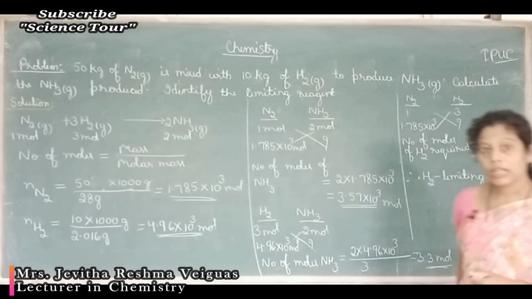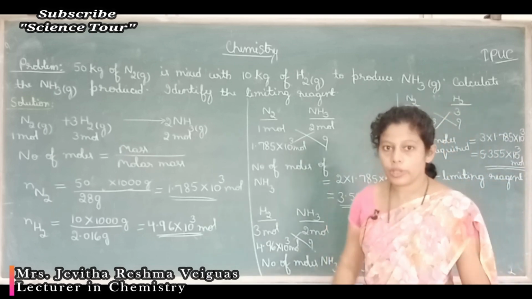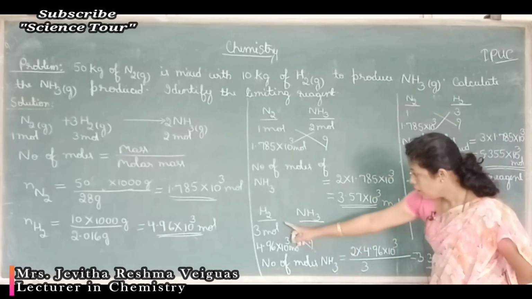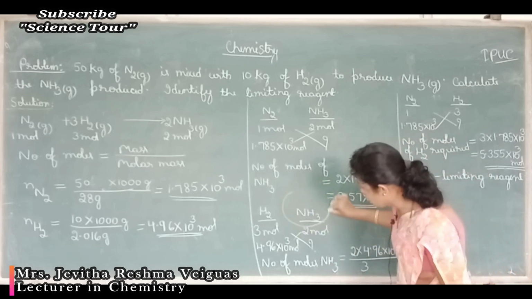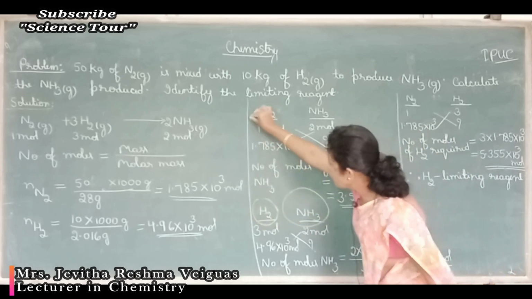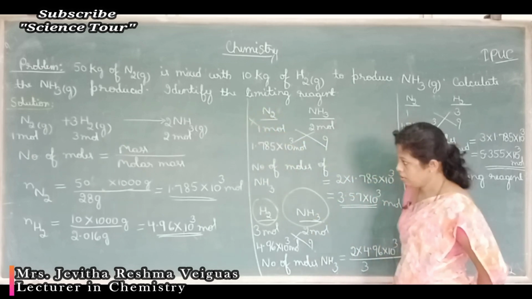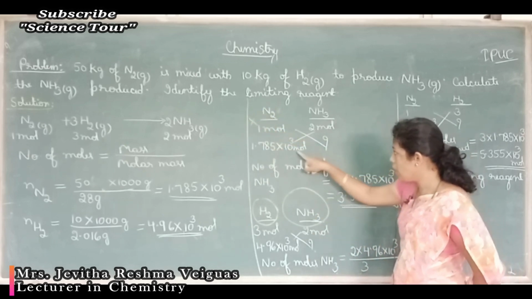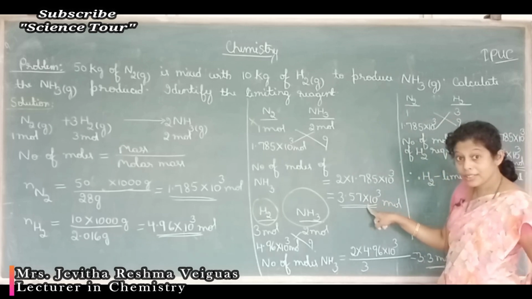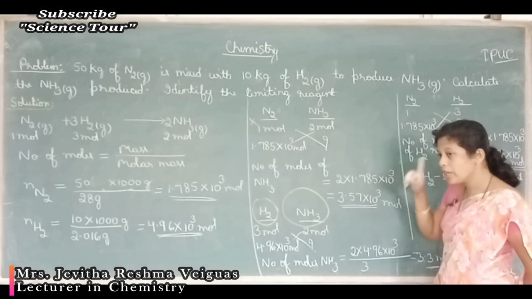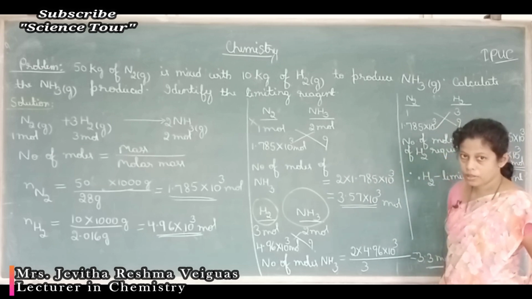Students, we know the limiting reagent limits the amount of the product. So, the amount of ammonia depends upon hydrogen, not on nitrogen. So many moles of nitrogen will produce these many moles of ammonia, but so much ammonia will not get produced. Why?